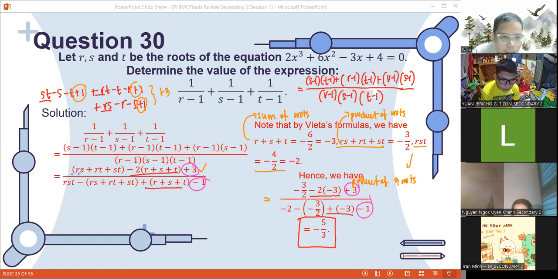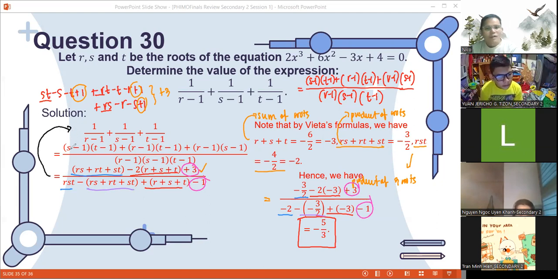Then this is plus. So minus. Right? Because this is the value here. And lastly, the RST, which is equal to negative 2. And then minus the RT, ST, which is just this one. We simplified it, right?